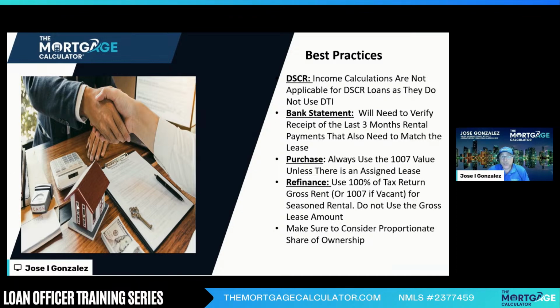For a purchase, always use the 1007 value unless there is an assigned lease. And for refinance, you're going to use 100% of the tax return gross rent, or 1007 if vacant, for a seasoned rental. Do not use the gross lease amount if it's a seasoned rental.